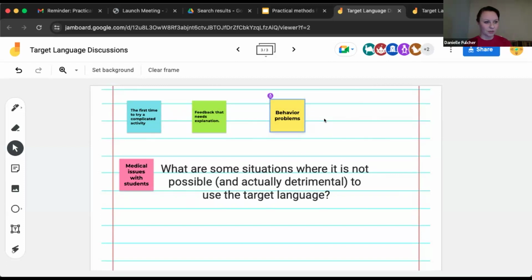We'll go for about 2 more minutes so that we can keep the presentation going. Some situations where you shouldn't or really can't use the target language in your classroom.